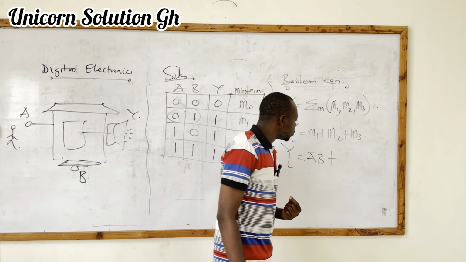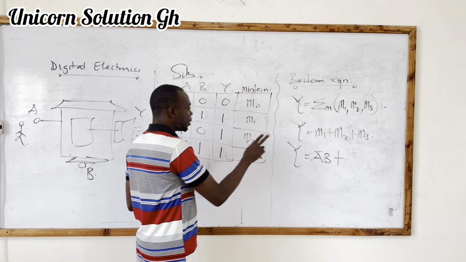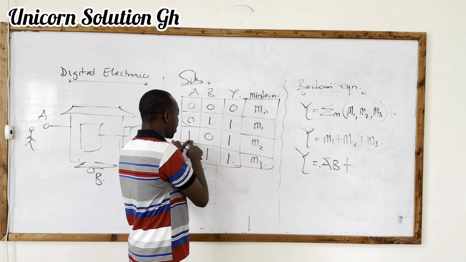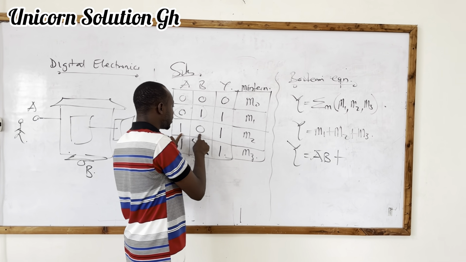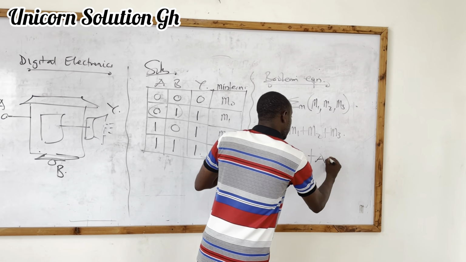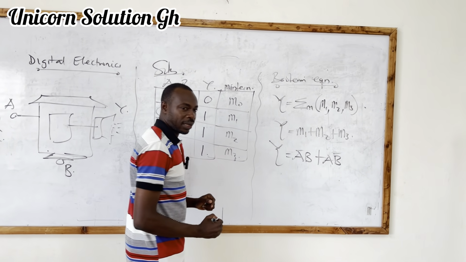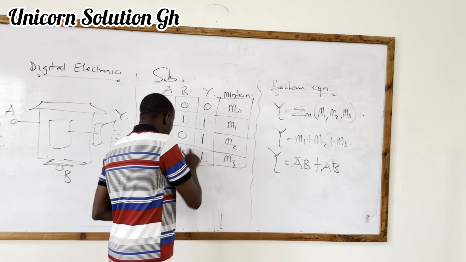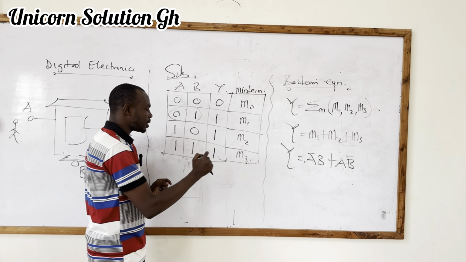Let's look at our M2. M2 is constituting A and B, but you see A is represented by 1 and B is represented by 0. So at that point, I call it A B bar. Then finally, we have the last min term, which is M3. What does it constitute?